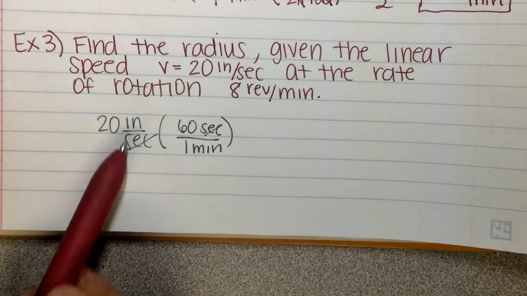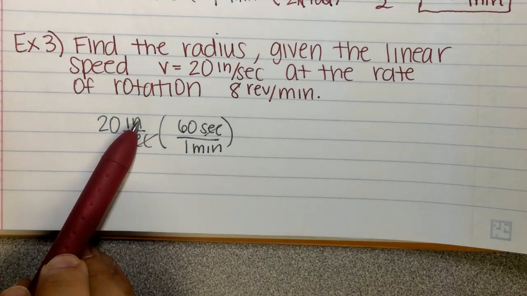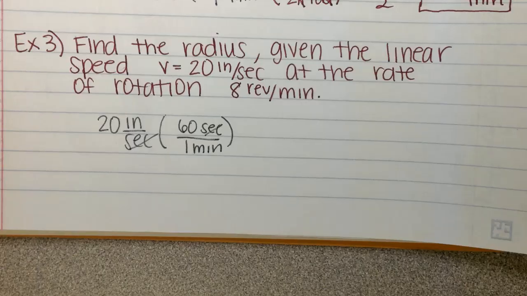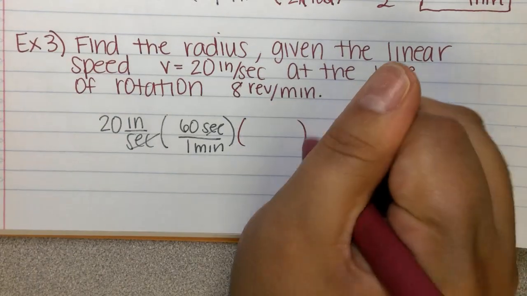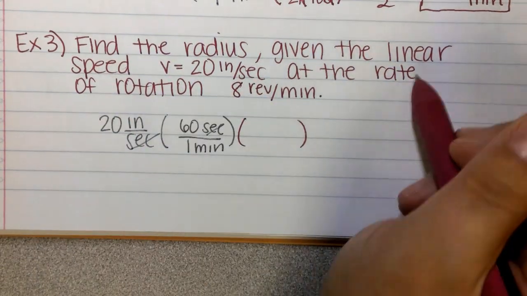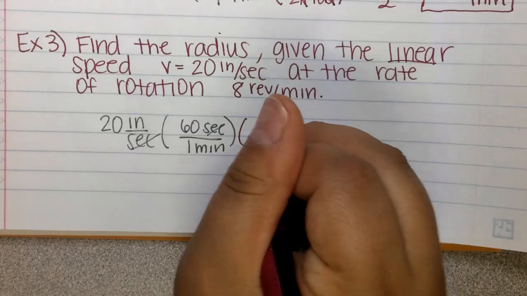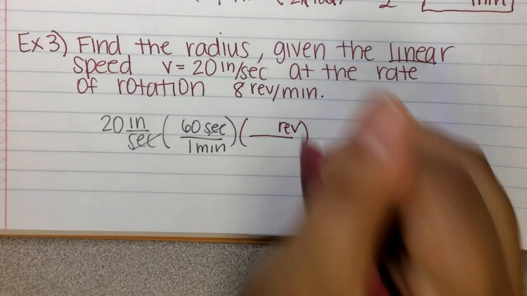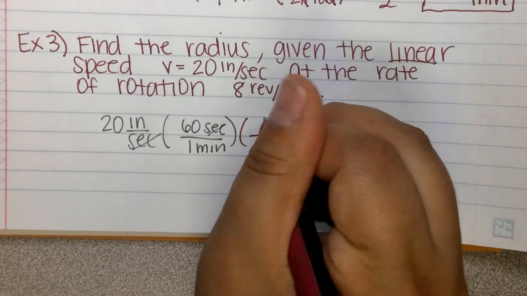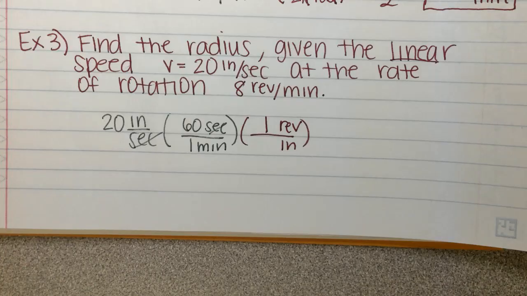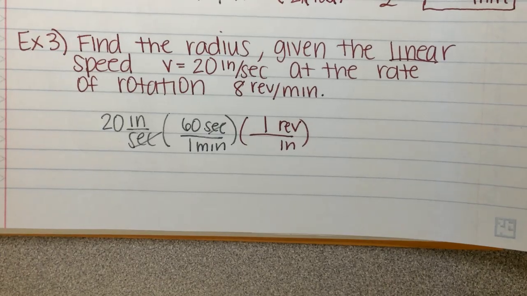How do I turn inches into revs? Remember, this is linear speed. I want revs up top. 1 revolution is what? Look up top of your paper. 1 revolution is 2 pi r.